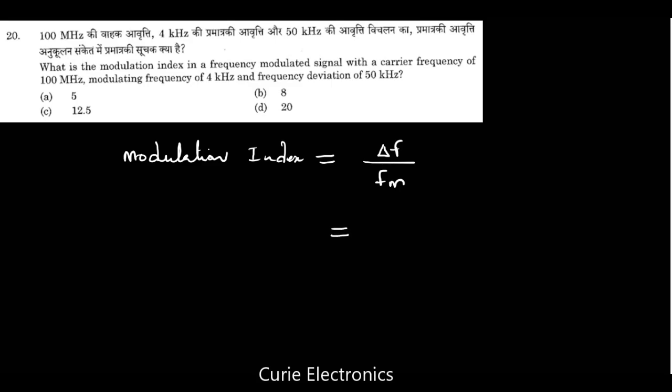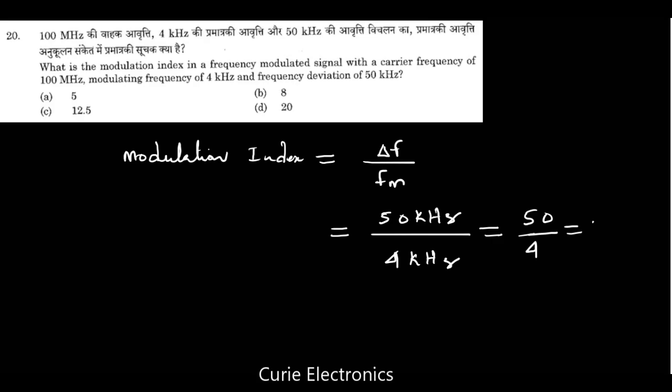What we get? Delta F, deviation here is given as 50 kilohertz, upon the maximum modulating frequency, 4 kilohertz. So if you divide 50 upon 4, what do we get? 10 fours are 40, 48.